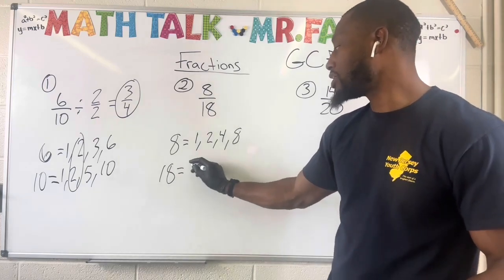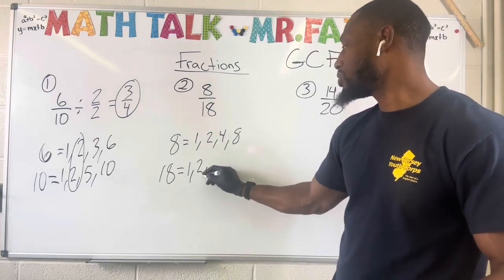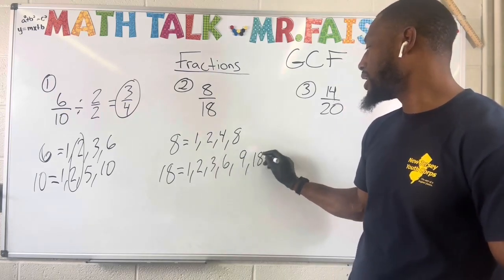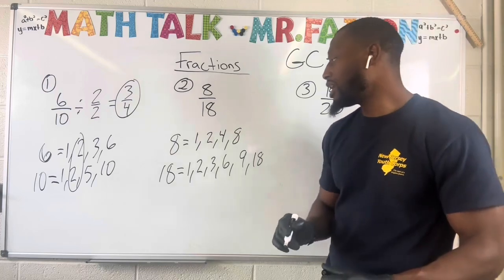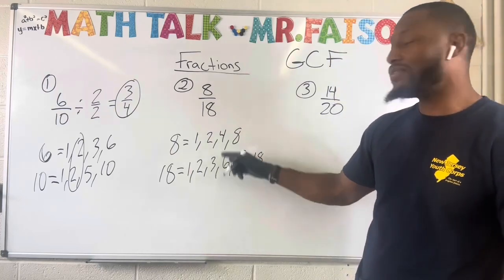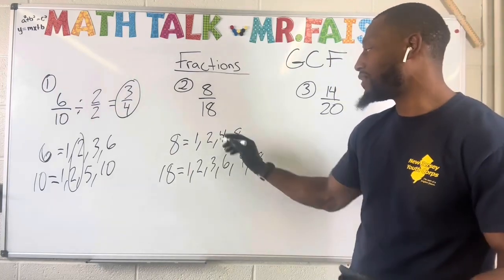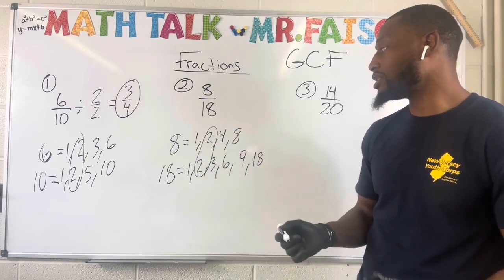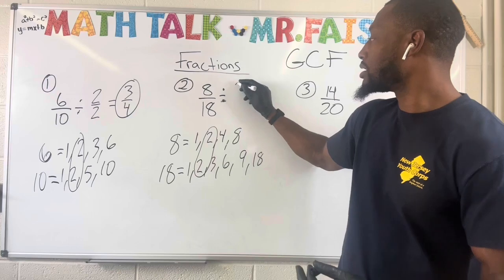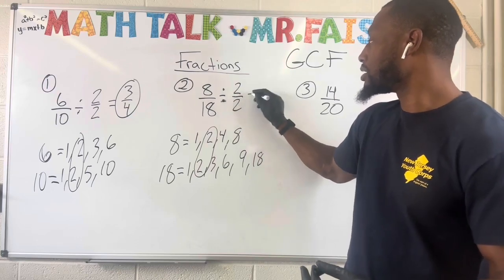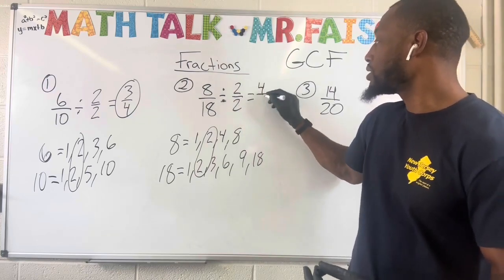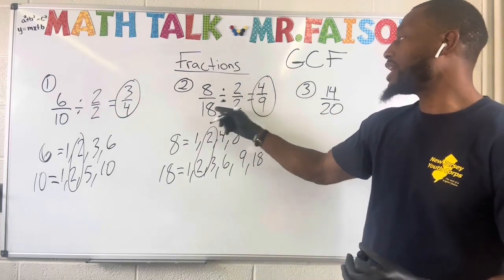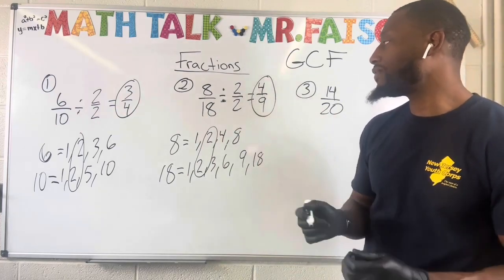And 18 is 1, 2, 3, 6, 9, and 18. Once again, they have common factors, but my greatest common factor is gonna be 2 again. This is now gonna be 4 and 9. So writing 8/18 in its lowest form is 4/9.